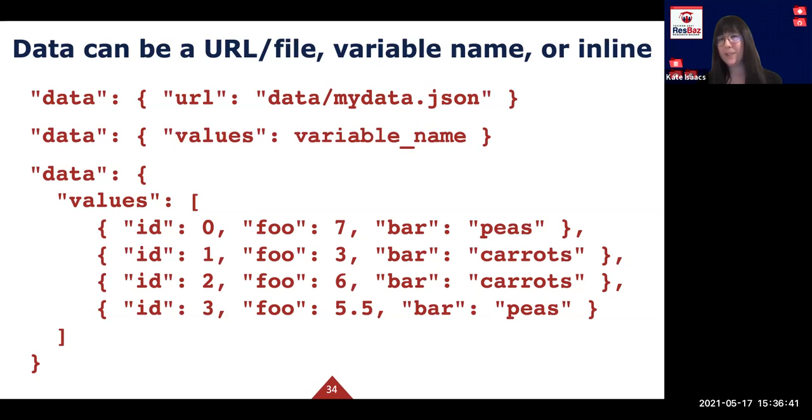If you're already doing things in JavaScript, maybe you have the name of a variable that contains all your values. Or you can just cut and paste it as the JSON directly. So here the values are given as a list of objects. And we just talked about that. And you notice each of these objects in the list, they all have an ID key, a foo key, and a bar key. So again, very similar to a table.